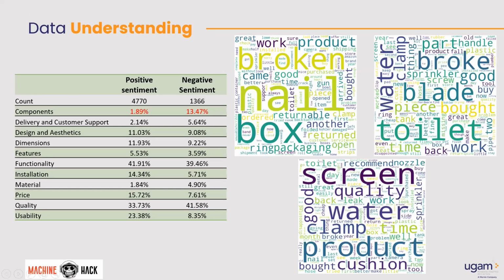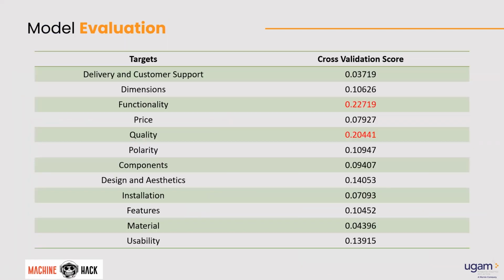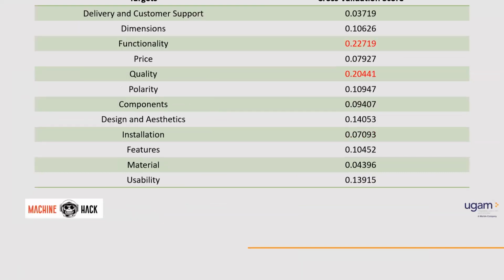So in the training data itself, it did not have much differentiation per se. That was the reason for the high log loss, a log loss score above 0.2, but every other target had a good CV score, and this helped me land at a leaderboard score of 2.778 something. That's it. Thank you so much.